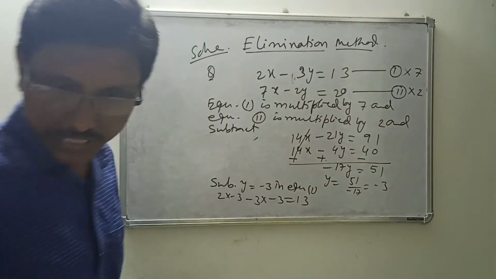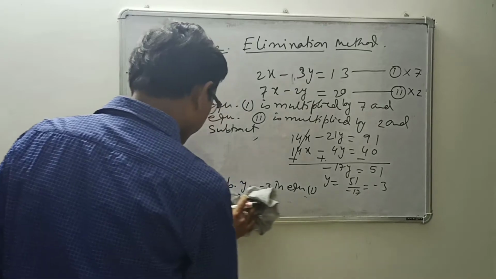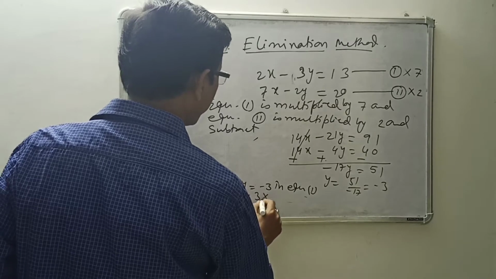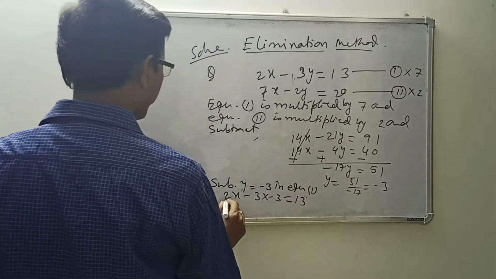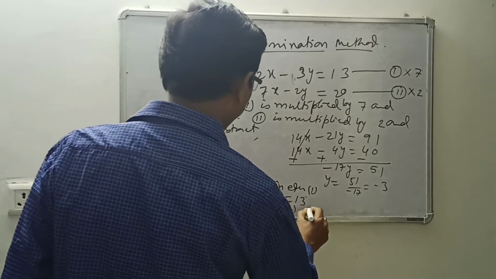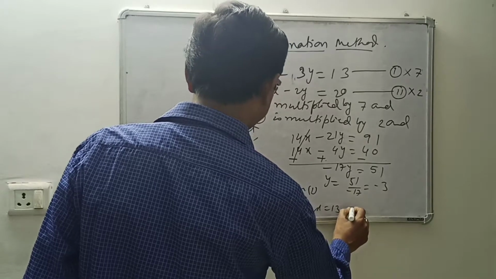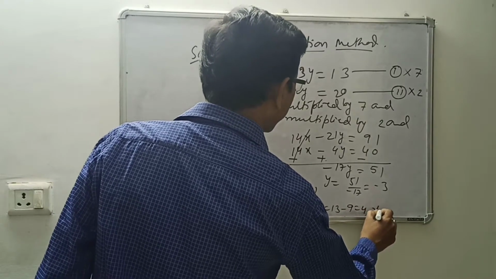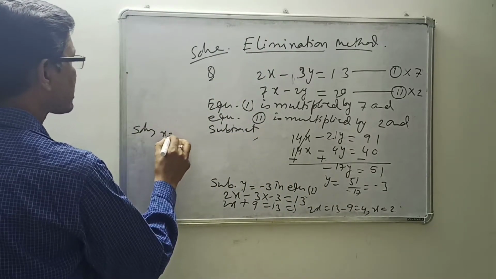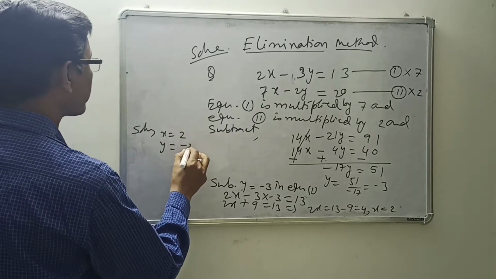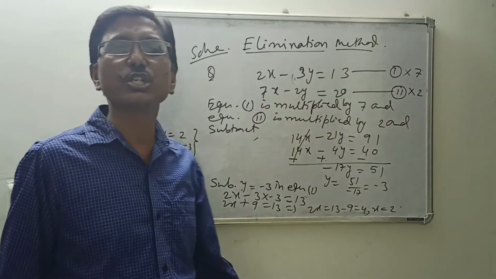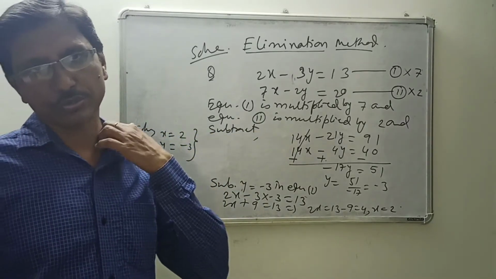That gives 2x plus 9 equal to 13, or 2x equal to 13 minus 9, that is 4, so x equal to 2. So the solution is x equal to 2, y equal to minus 3. In this way we eliminated x, so it is known as the elimination method.